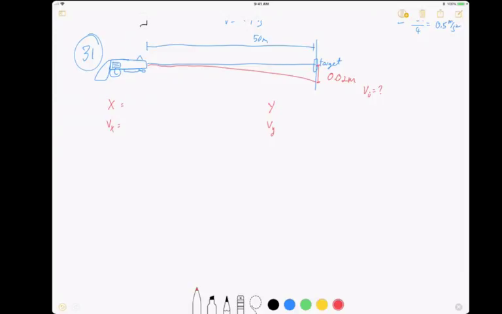This is going to be some constant velocity, and this is going to be 0 minus 9.81 times t. Your initial height is 0. Your initial y velocity is 0, minus 9.81 over 2 t squared, and this is going to be v0 times t.